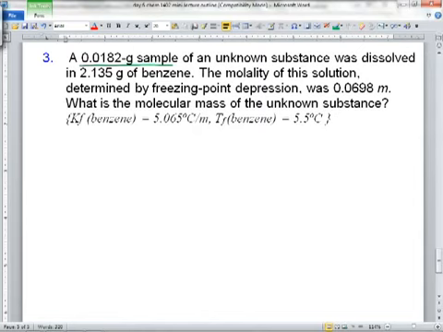It was dissolved in 2.135 grams of benzene. The molality of this solution was 0.0698 m. What is the molecular mass of the unknown substance?